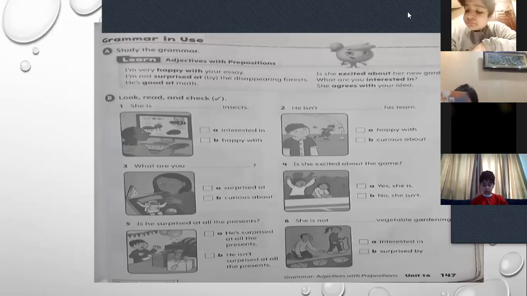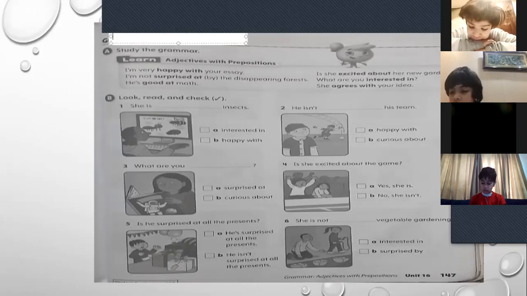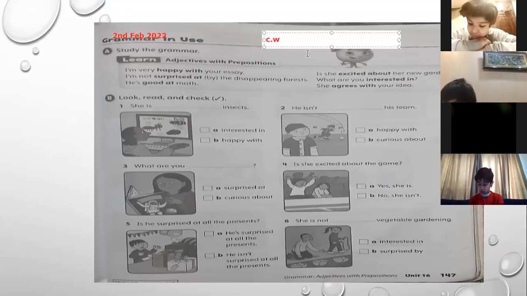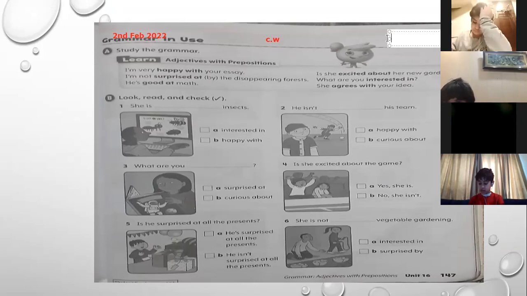And write down classwork, day and date at the top, please. That is 2nd of Feb 2022. Classwork, and the day is Wednesday.